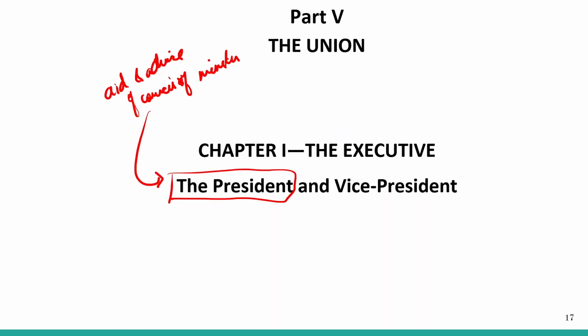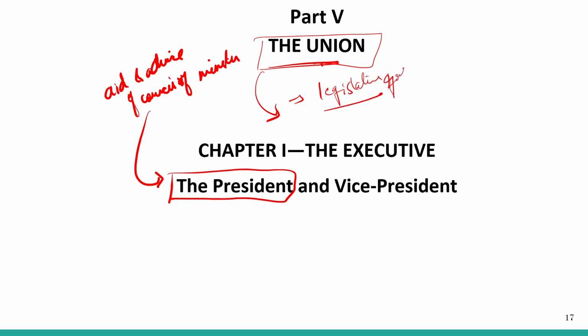So when we talk about part 5 of the Constitution, we have completed the executive portions of the union, and now we will be moving forward with the legislative portion of the government in our next class.